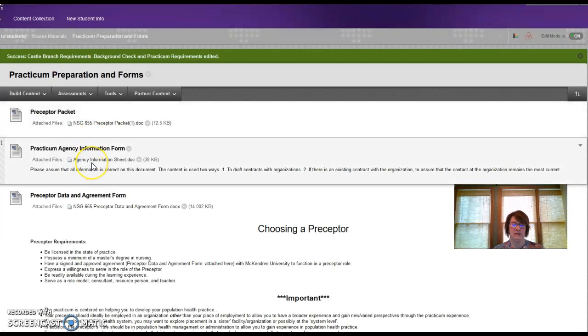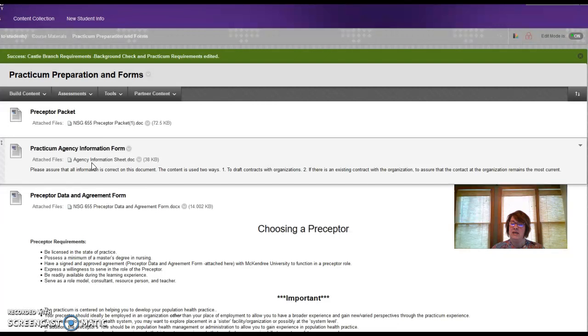The practicum agency information form, this is a form that we use when you are starting your practicum, and the form itself is twofold. One is if we don't have an existing agreement with that particular practicum site, it will provide us with the information to start that agreement process.